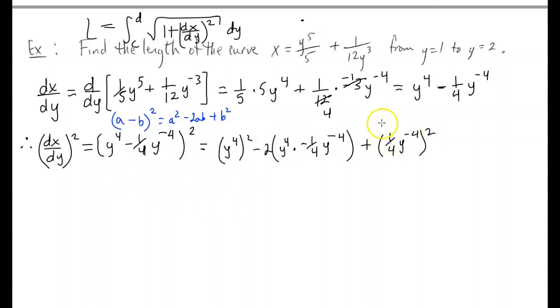So what this ends up being, once we're done here, is y raised to the 8th. This y raised to the 4 and this y raised to the negative 4, if we multiply those together, that gives us y raised to the 0, which is just 1. So what I'll do here to notate that is we will say this and this reduced to 1.